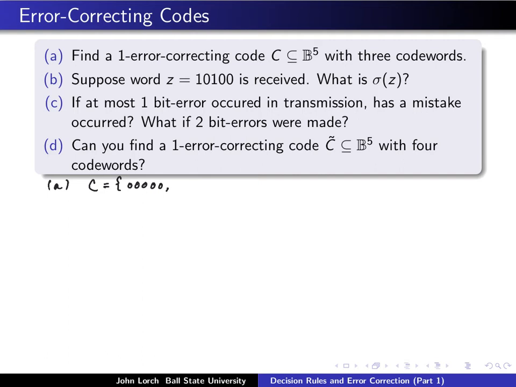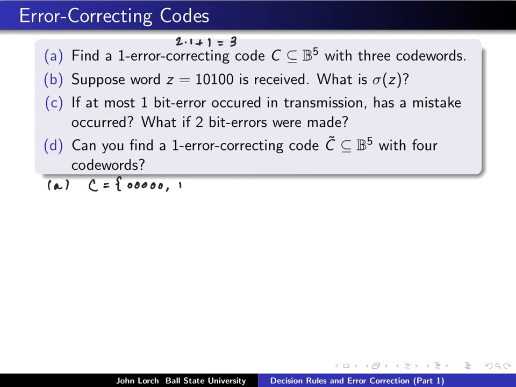If I'm going to have a one error correcting code, then the minimum distance between code words needs to be at least 2 times 1 plus 1, because here r is equal to 1. So 2 times 1 plus 1 is 3. I need the distance between distinct code words to be 3 or larger.